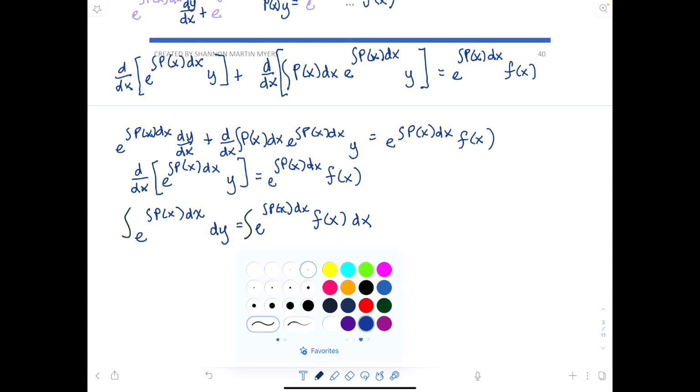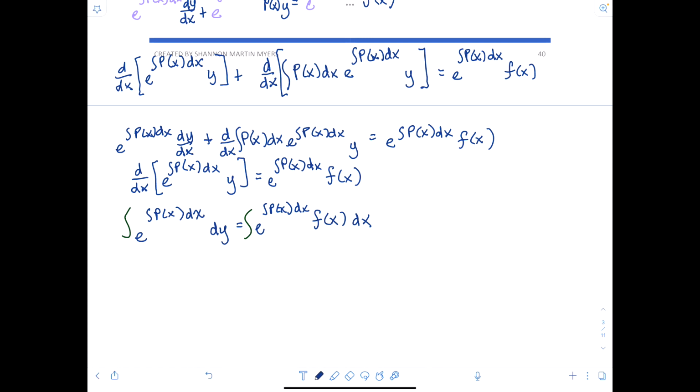On the left side, it looks complicated, but it's being integrated with respect to y. So we will have y times e to the integral p at x dx is equal to the integral of e to the integral p at x dx times f at x dx plus some constant.